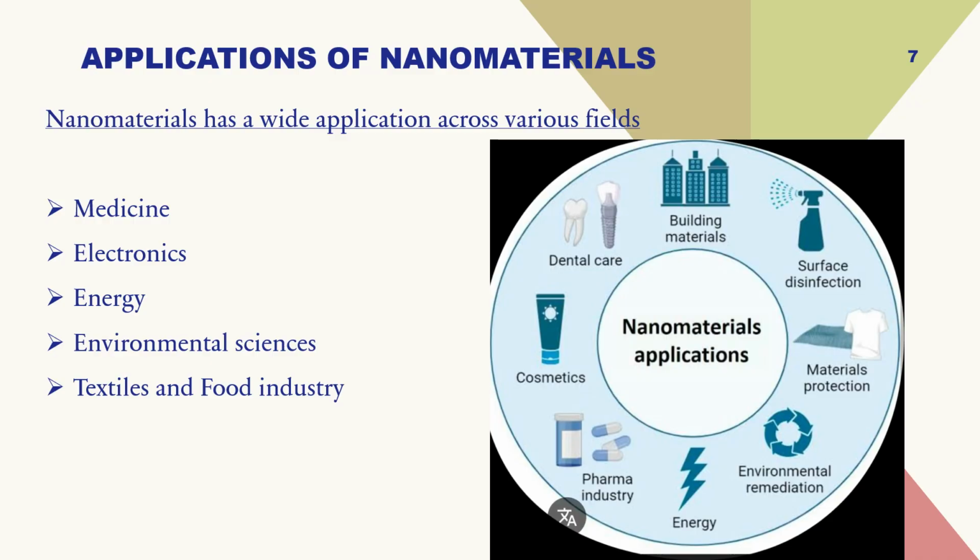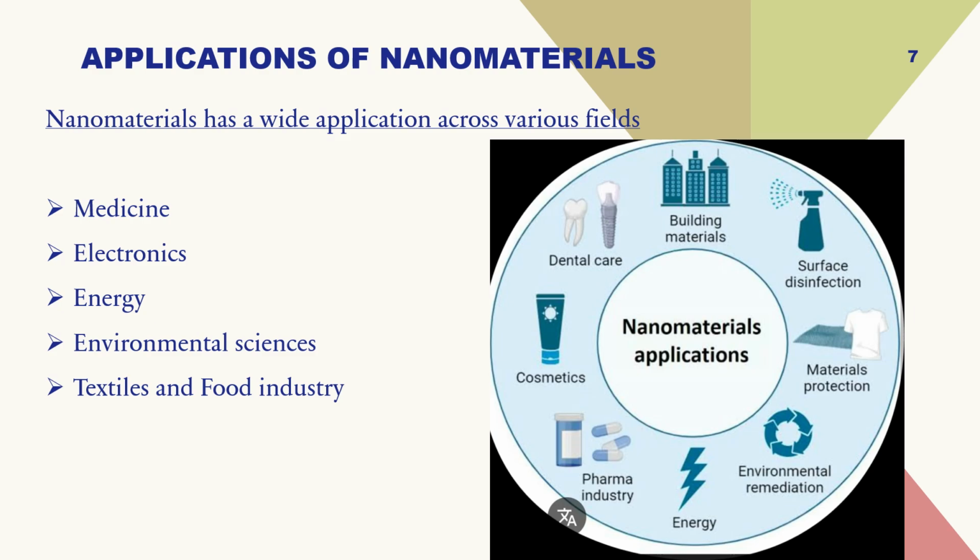Electronics: improved efficiency. Nanoscale components are used in electronic devices to enhance efficiency and functionality. Third, energy, like solar energy, fuel cells and insulation; in all these fields we are using nanomaterials. And next, environmental sciences.